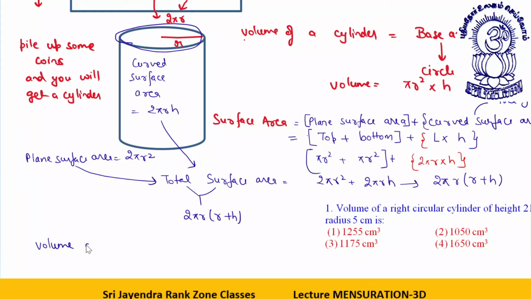The volume of cylinder is pi r square h, that is 22 by 7 into 5 into 5 into 21. 7 and 21 will give you a 3. So that is 22 into 75. Or I can say 11 into 150. That is 1650 centimeter cube.